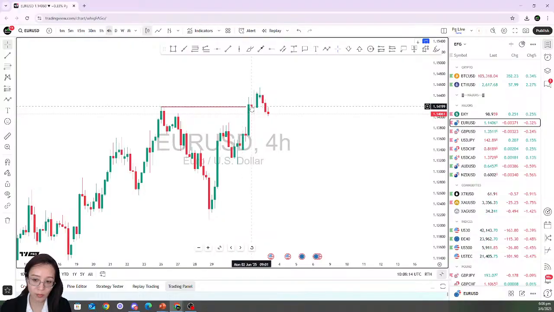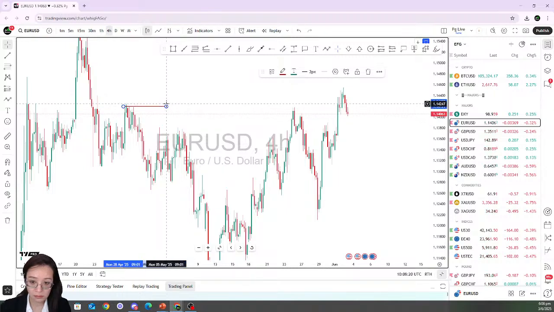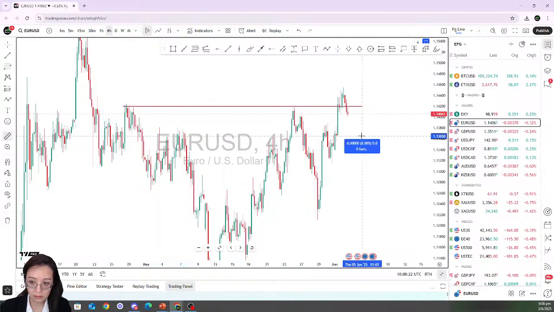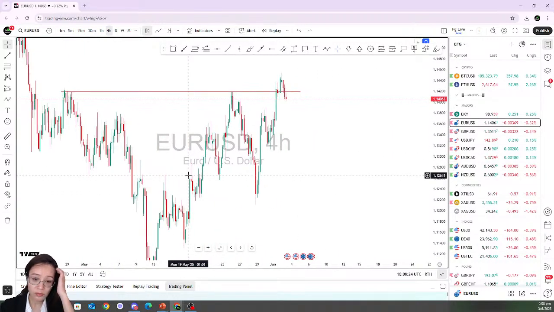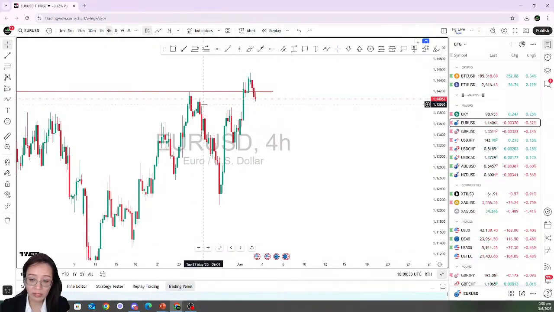Let's say you just identify this as your resistance level and you're going to sell at this level. You might get stopped out because of this candle. Or you say, okay, this is the resistance level, right? And what do you see? First time touching, price rejects and falls. Back up again here. So this level, if you look really closely, this is the supply.